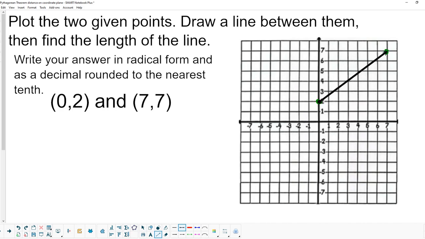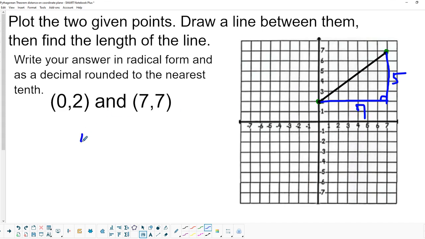So here's our hypotenuse. And then to find the other part, we make this right triangle with our right angle right there. And then up the right side, we have 1, 2, 3, 4, 5. And across the bottom, we have 1, 2, 3, 4, 5, 6, 7.